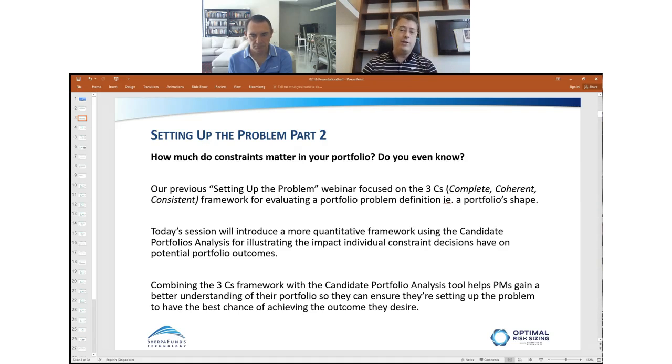Then there are hard constraints imposed externally that really can't move. If you don't know what those constraints mean for how your portfolio could play out, you're flying blind in how you set them up, or you're uninformed when you talk to your boss or your investors about what constraints they're putting on you and what that means for the outcome they'll realize with their capital.